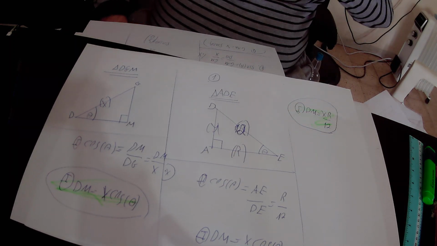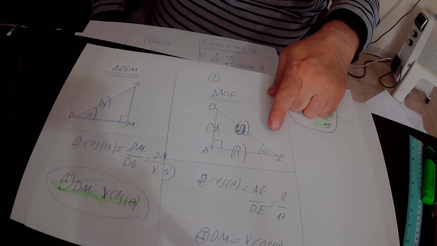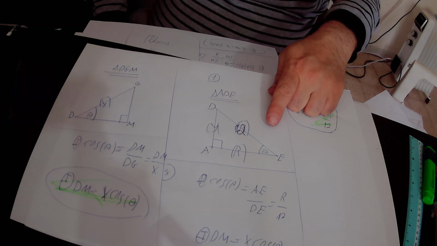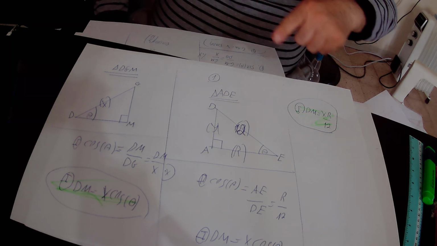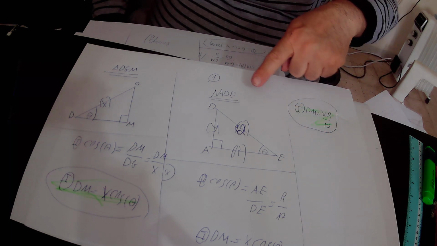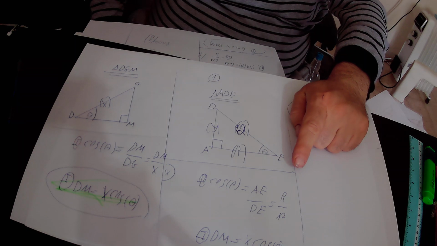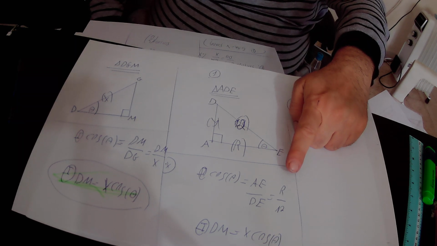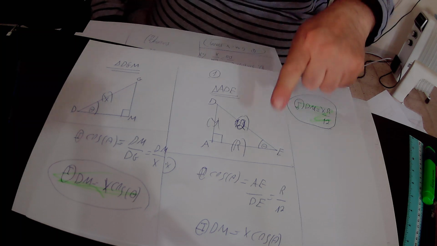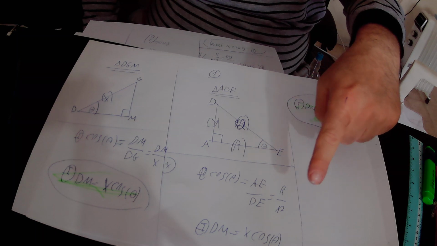So in this right triangle ADE, cosine theta equals AE over DE. AE is r and DE is 12. So in conclusion, we found out that according to equation 2, cosine theta equals r over 12. Well, according to equation 1, we have already found out that DM equals x times cosine theta.